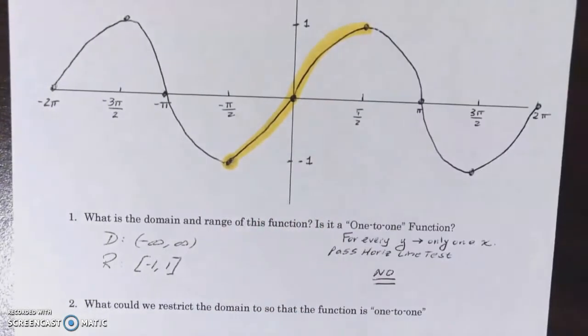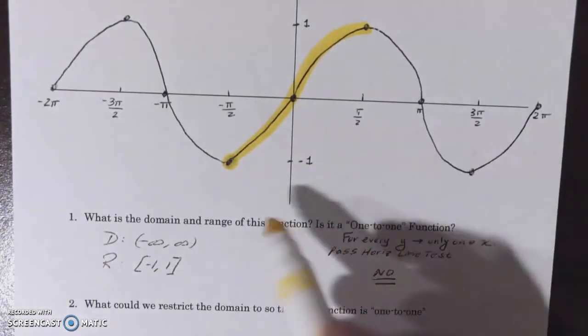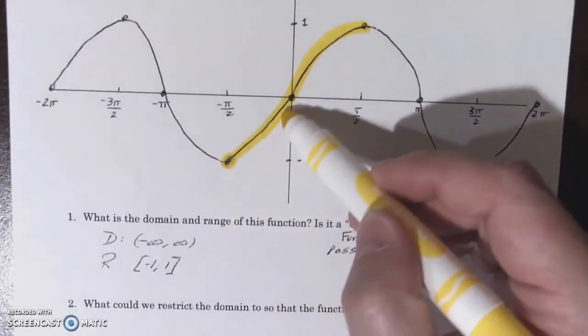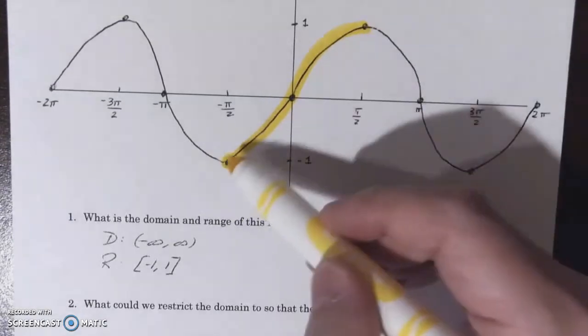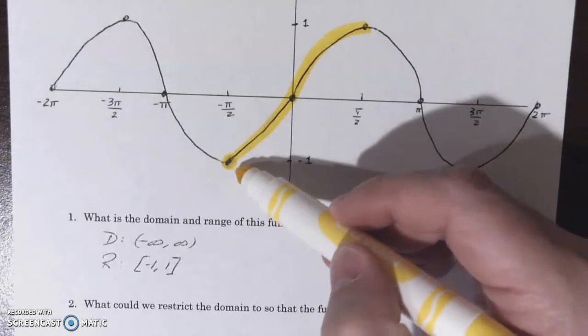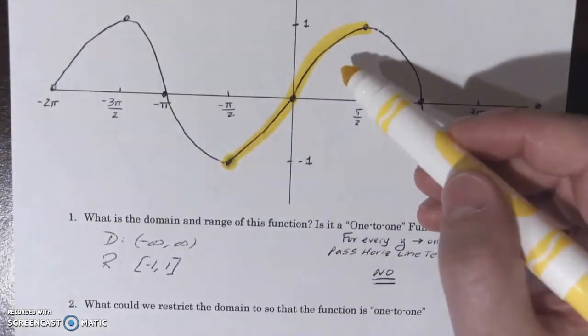look here, from -pi/2 to pi/2. If we restrict the sine graph to between these points, we get every one of sine's y values. At some point along this portion, there is a y value from -1 to 1. All of them are included, okay?